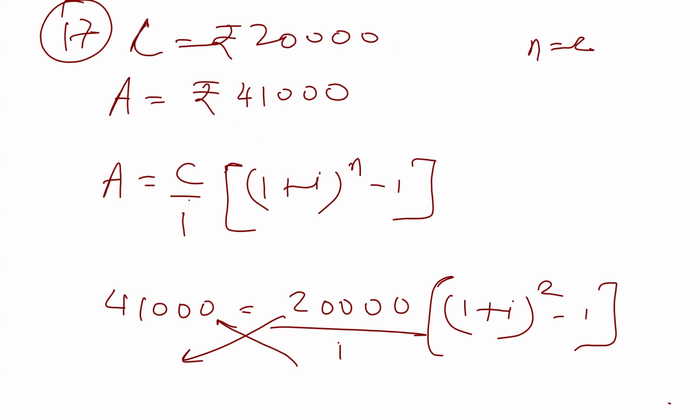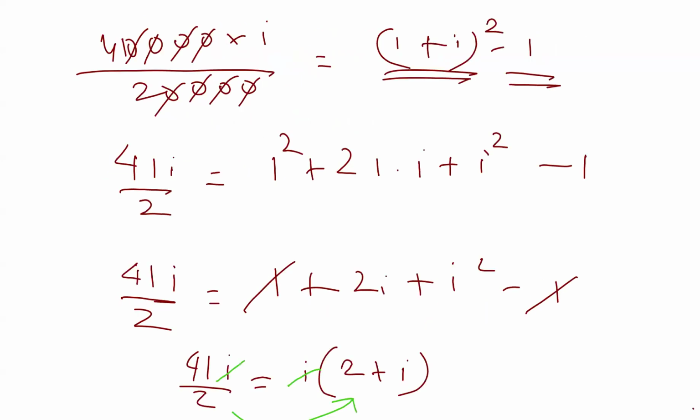I think I made some typing error somewhere. I have put one extra zero over here. 41,000 upon 20,000, so only three zeros will get cancelled. Sorry for that.